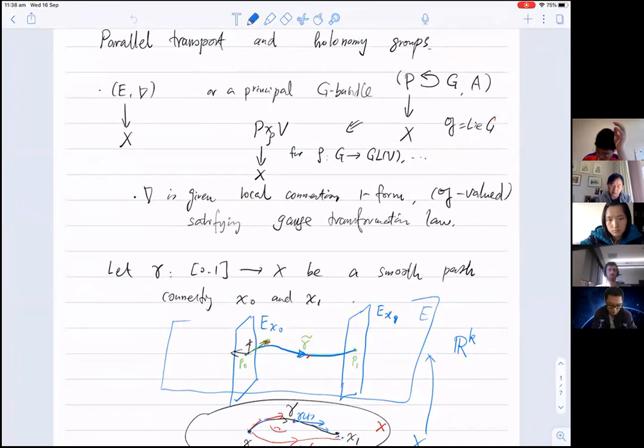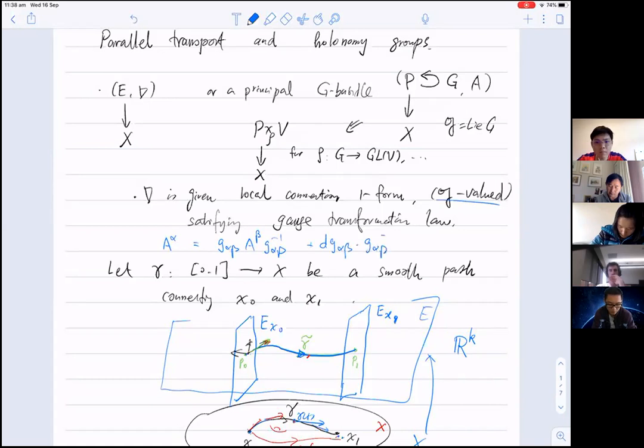Usually you have a connection one-form, and this connection one-form has, say, on the chart U alpha, an open set, a transition function. Say everything is matrix valued, so maybe the algebra is matrices, and then maybe it is plus or minus the transition term with g.